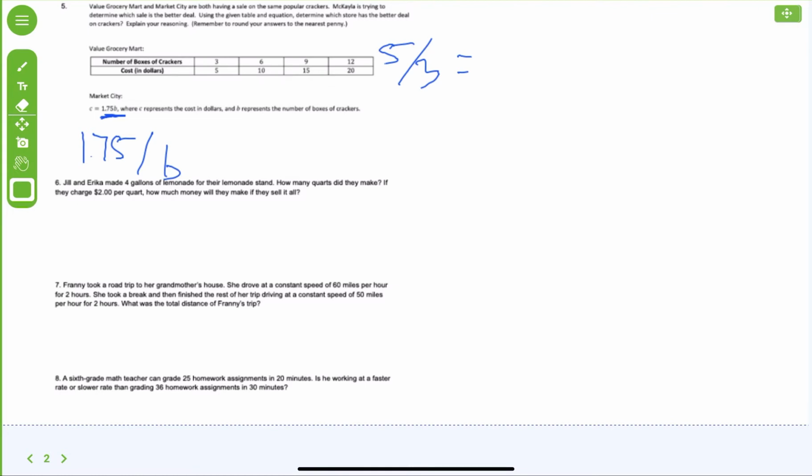We would say 5 divided by 3, and that is $1.66 or $1.67, I guess if we rounded correctly, per box. Now, you have to think. Just writing down the answers is not going to get it. You have to think here. What's the better rate?